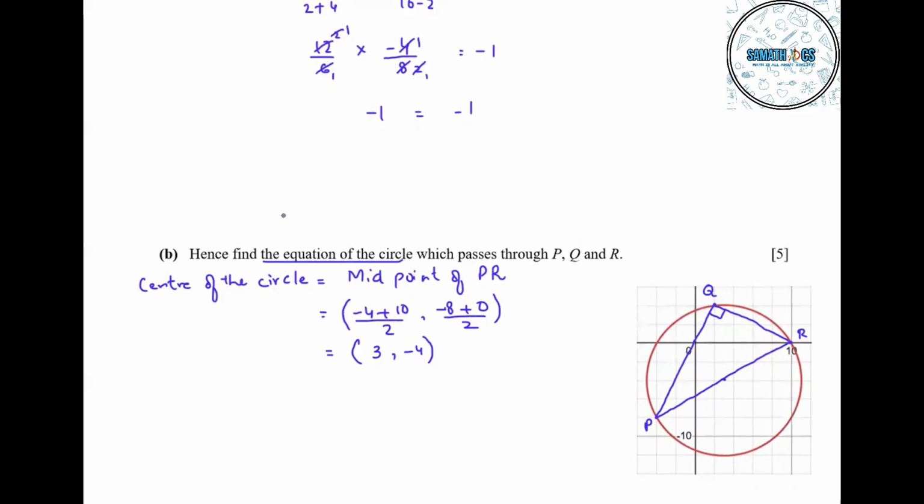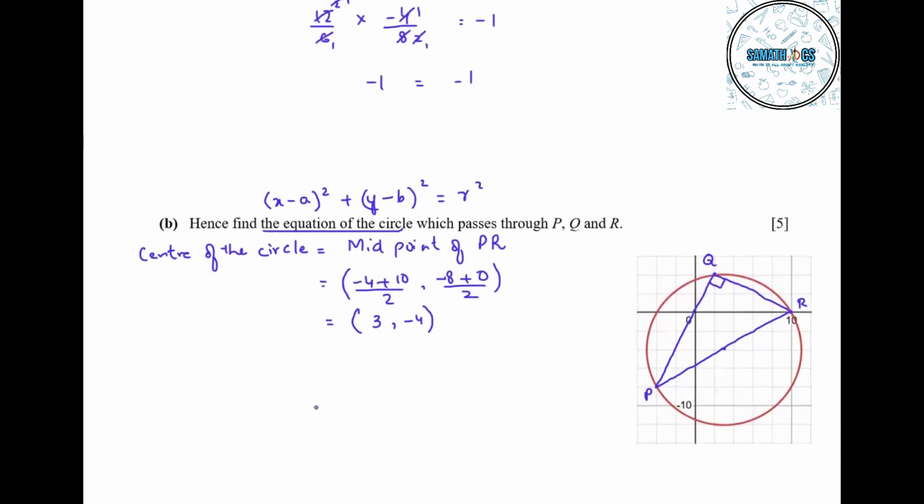The general form of the equation of the circle is x minus a whole square plus y minus b whole square is equal to r square. So we have already taken out the values of a and b. A and b are the coordinates of the center of the circle. Now we have to take out r square.